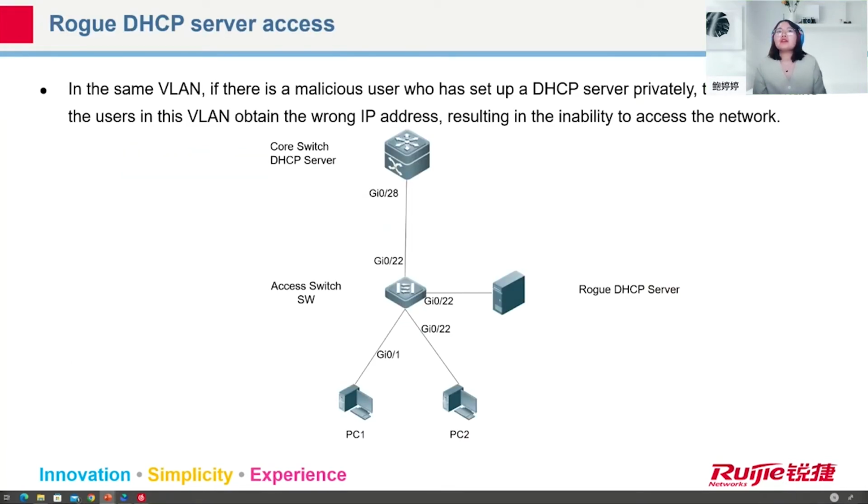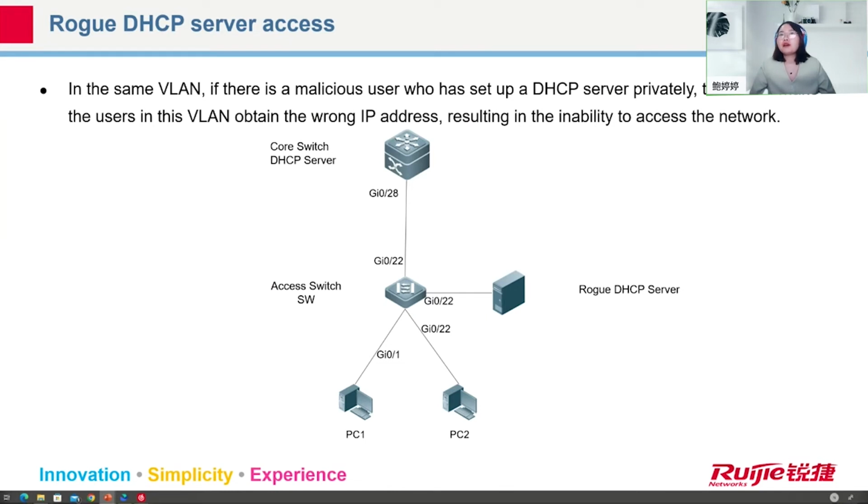Because in our network, maybe there is a rogue DHCP server, an illegal DHCP server. What does an illegal DHCP server mean? For example, I am an attacker and I deploy a DHCP server in your network, and I also create the pool. I also give you the gateway address, but this IP address and gateway will force your messages to my side.